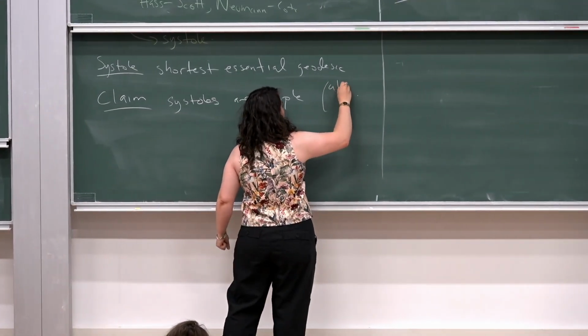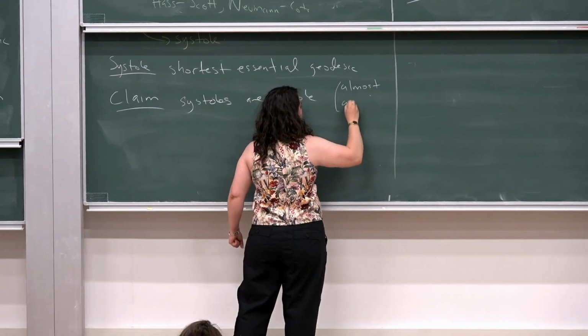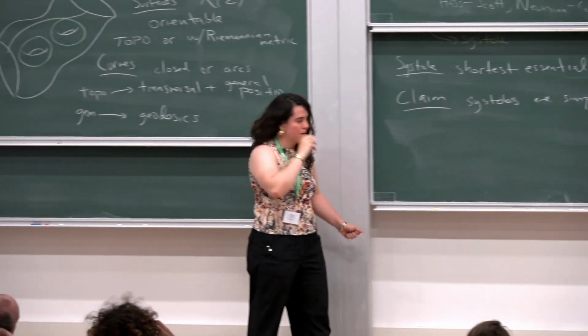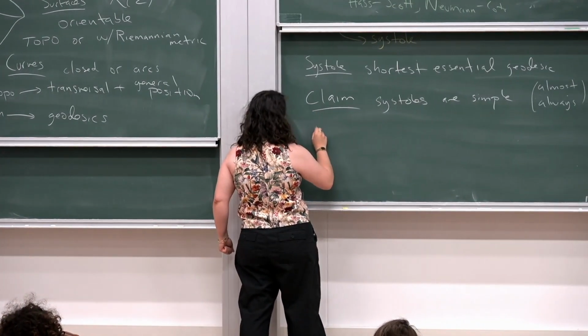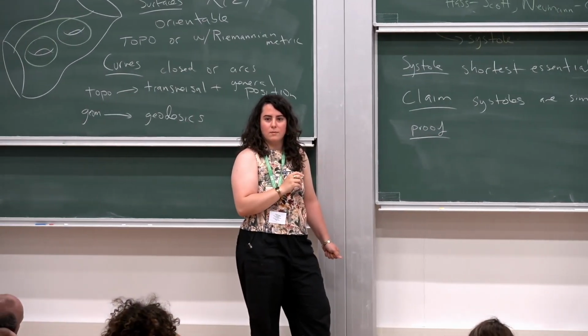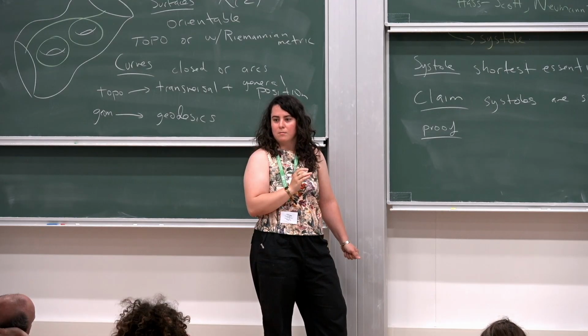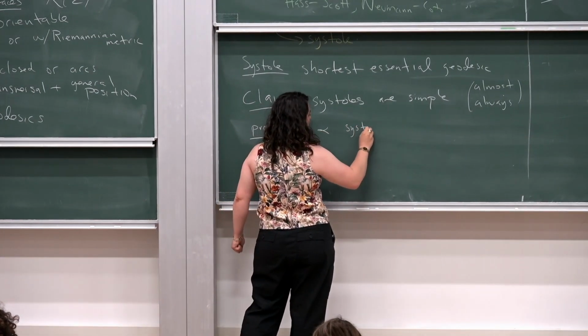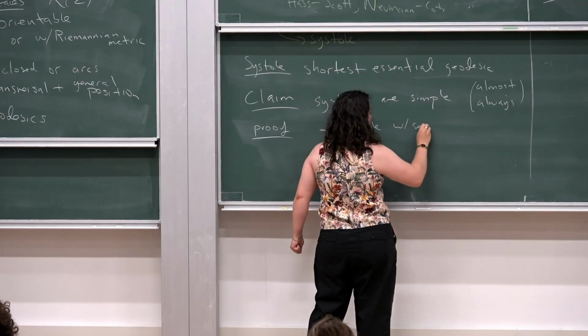And you will see from the proof what this means. Okay, so let's prove this claim. Assume that this is not the case. Assume that you have a systole that has self-intersections. So alpha is a systole with self-intersections.